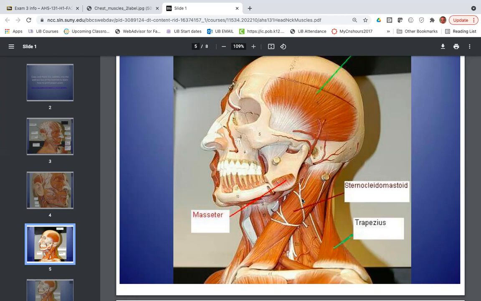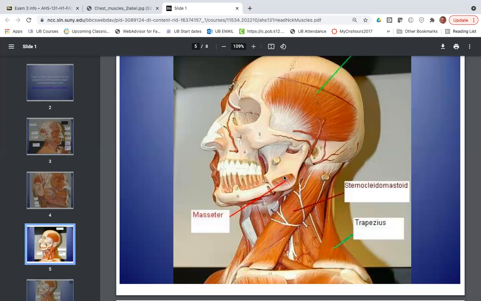It's going to turn their head to the right. So the left SCM turns their head to the right, and the right SCM will turn their head to the left. The sternocleidomastoid also laterally bends the head, so the left SCM can laterally bend the head to the left, bringing the left ear to the left shoulder.